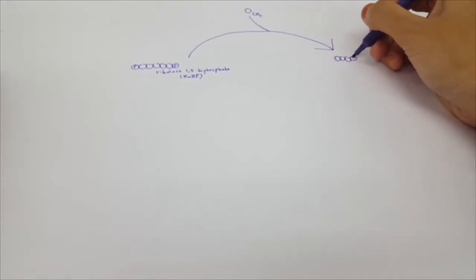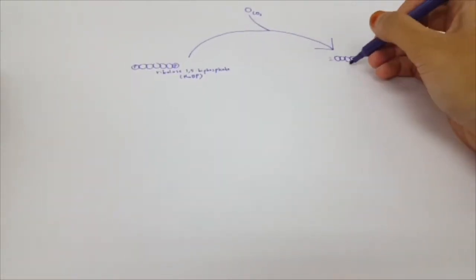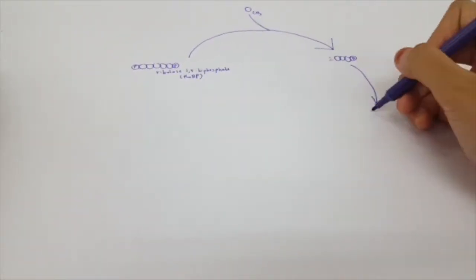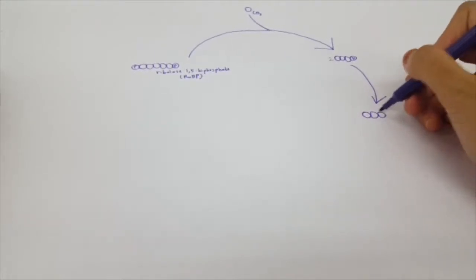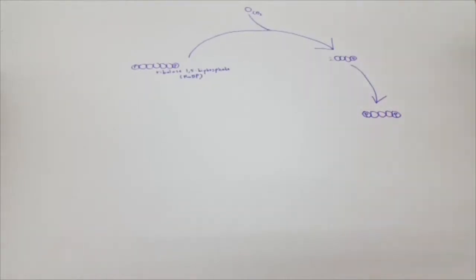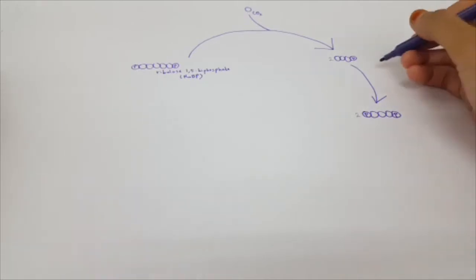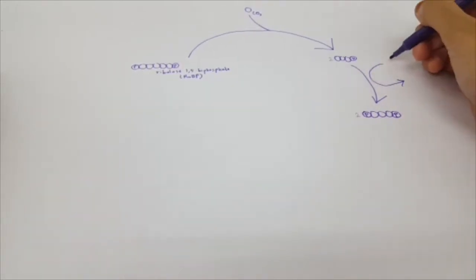These two molecules will be reduced by two ATP molecules, which will become two ADP molecules, to become two molecules of bisphosphates. This process is called reduction.